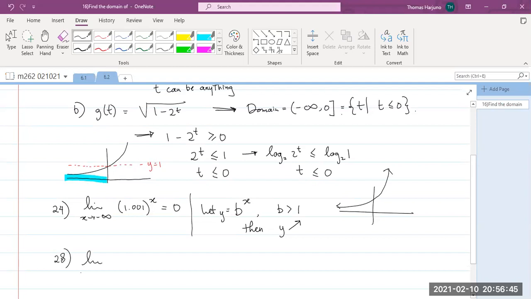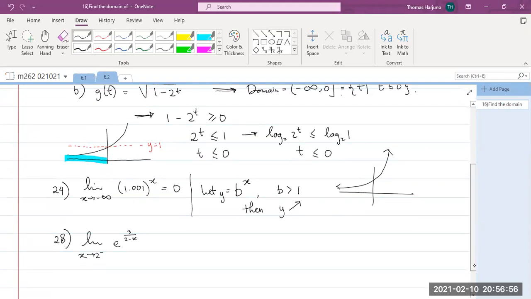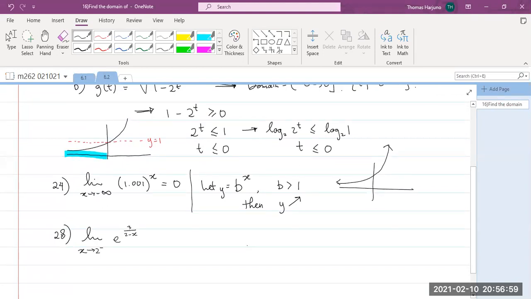Limit as x approaches 2 from the left-hand side of e to the 3 over 2 minus x. x is approaching 2 from the negative side, so negative x will be approaching negative 2 from the right-hand side. Agree?